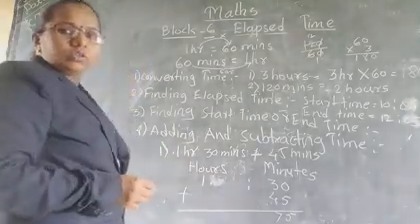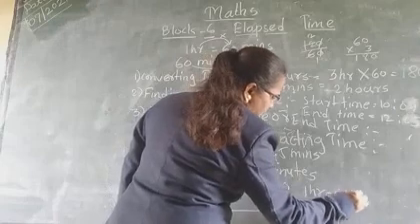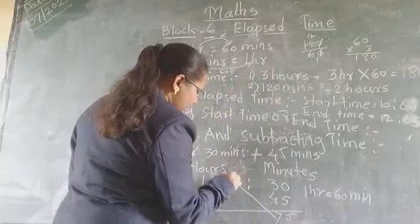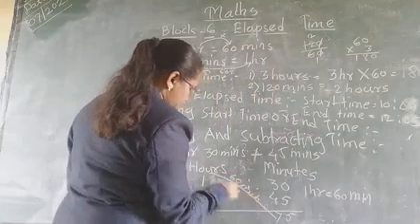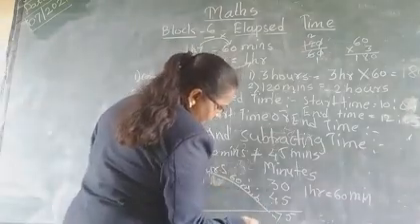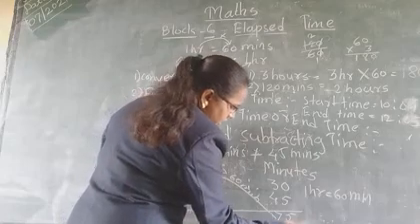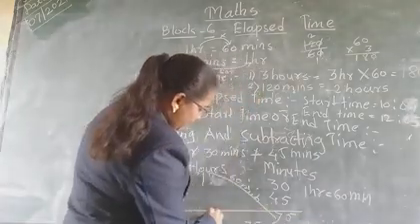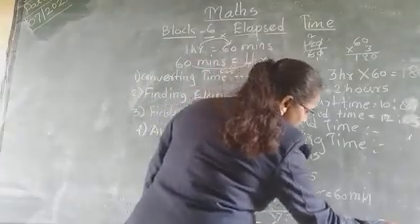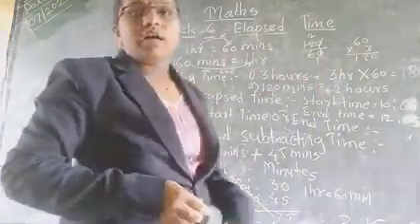You know that 1 hour is 60 minutes. Therefore, we transfer the 60 minutes here. The 75 minutes minus 60 is 15 and here 2. So the answer is 2 hours 15 minutes. Understand? It means that here the minutes are converted into hours.